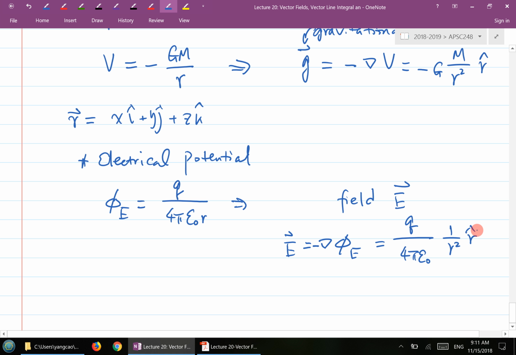So that's a couple of examples: gravitational field and electric field, or gravitational potential and electric potential.